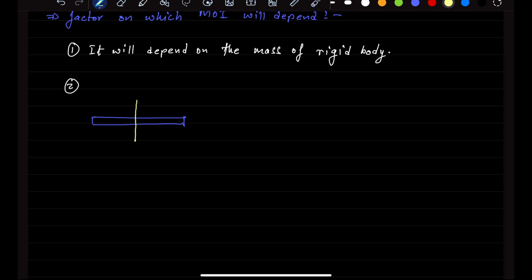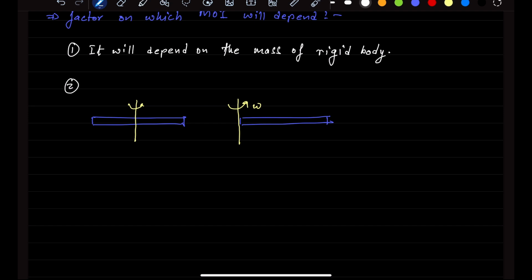And I'm taking the next case. Again the rod is there, but now the axis of rotation is somewhere on the end. Just think and tell me about which axis the moment of inertia will be maximum, or will they be equal.